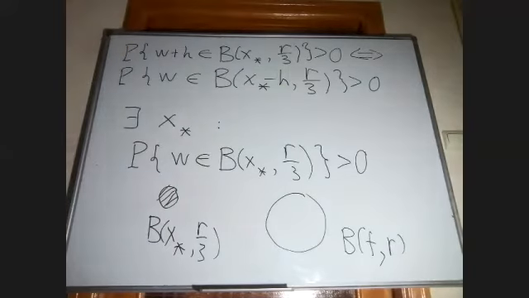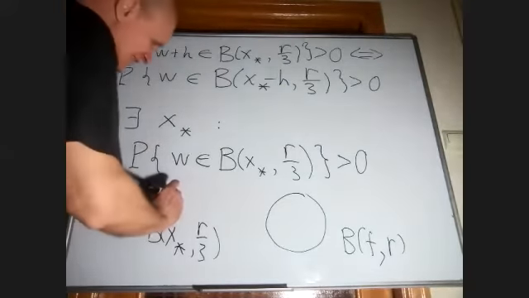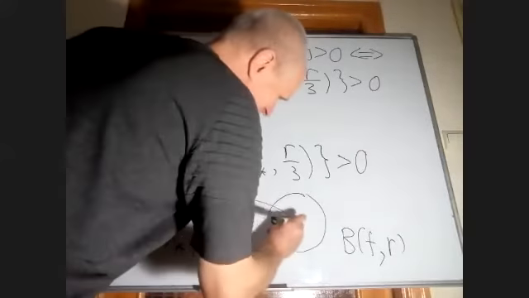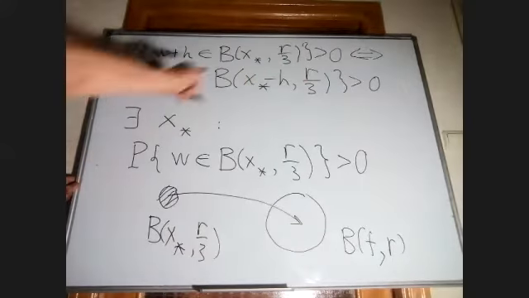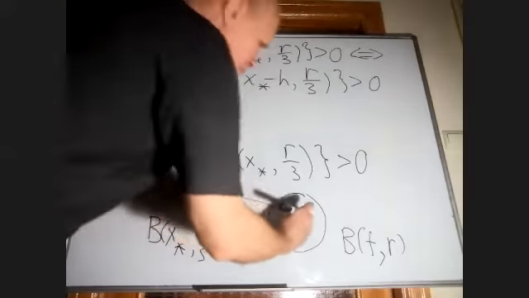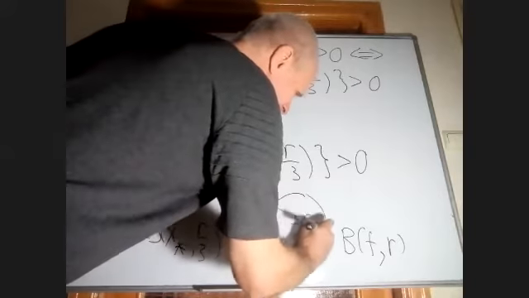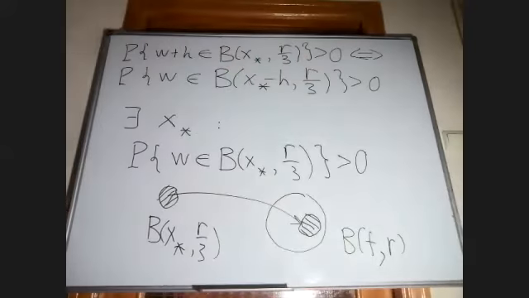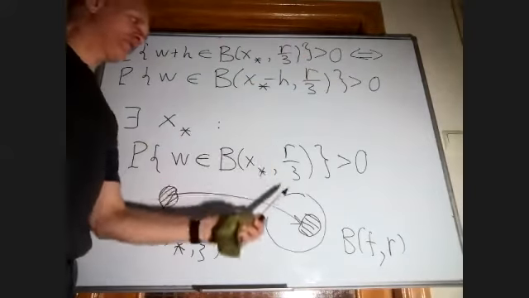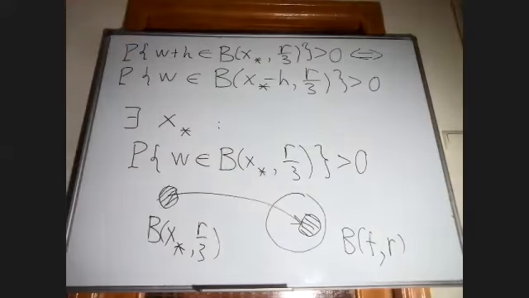Now it is understandable that I can find such H that with this shift I can put this ball inside of our B F R. This is due to the choice of the radius.